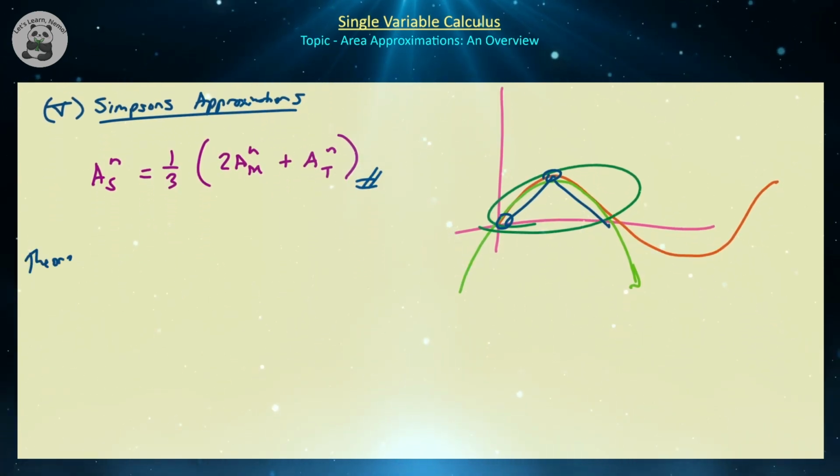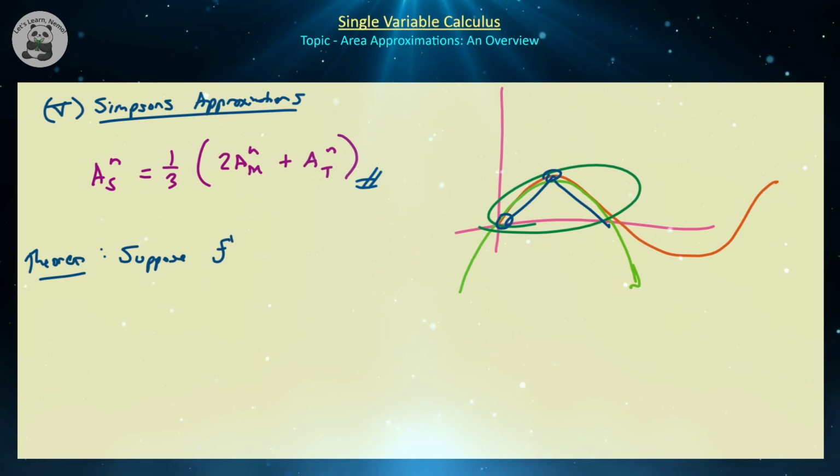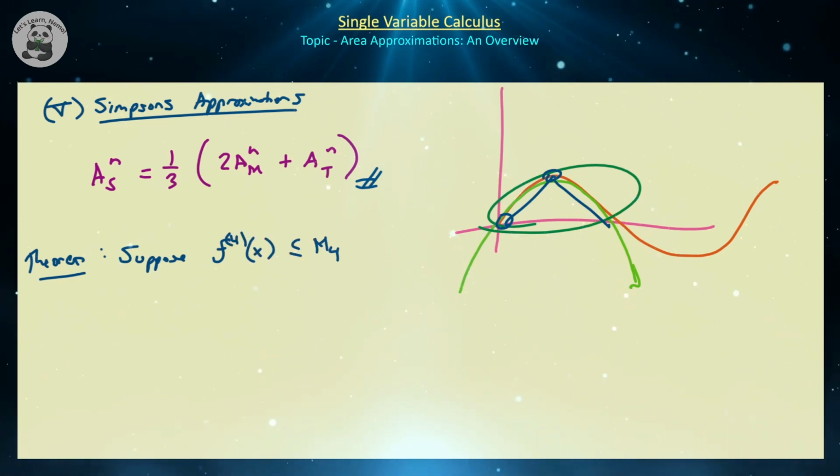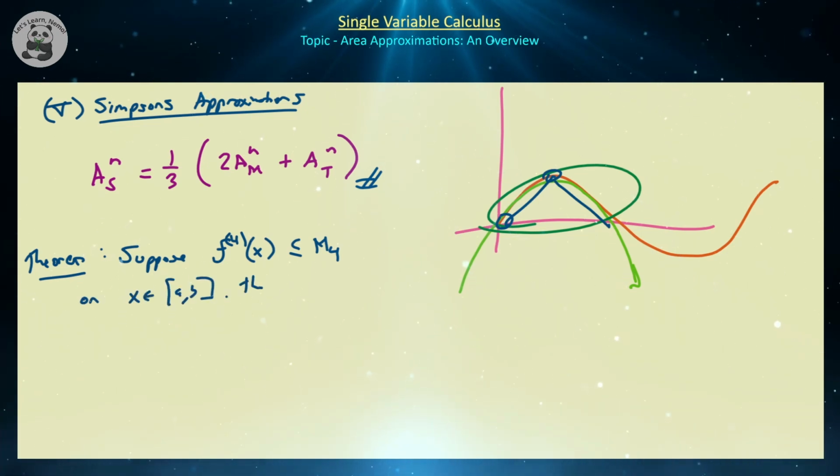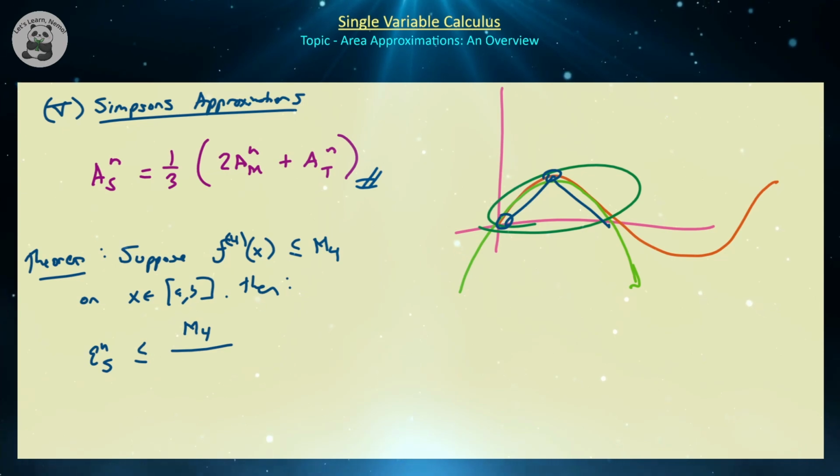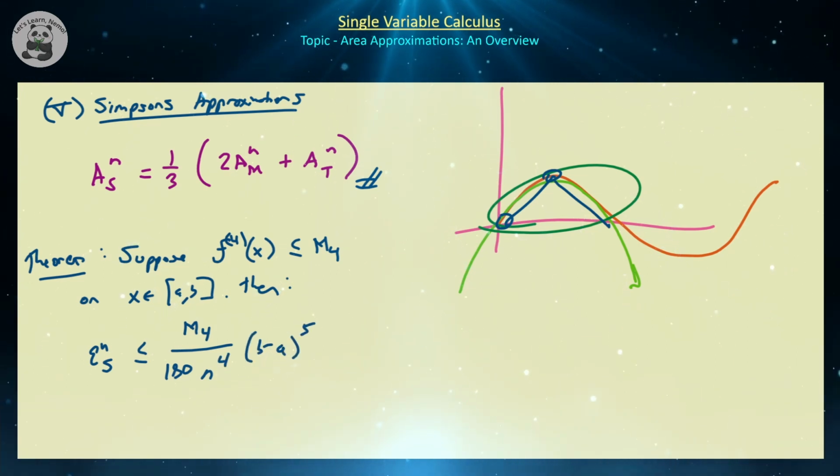So now one can ask, how accurate is this? So let's state the theorem for that. Let us assume that the fourth derivative is bounded above by some number m4 on the interval AB of interest. Then the error on Simpson's approximation will be less than or equal to m4, our upper bound, over 180, some magical number, n to the fourth, times (b minus a) to the power of 5.